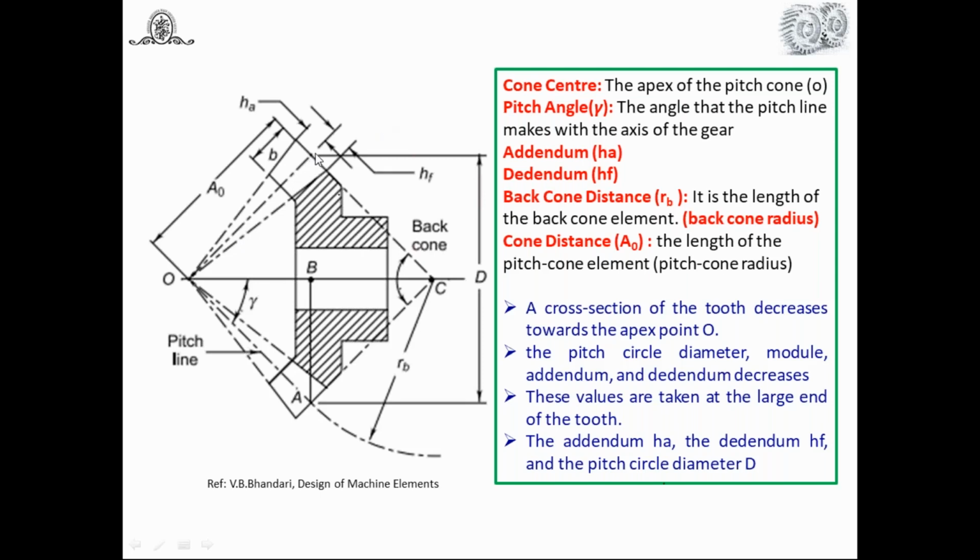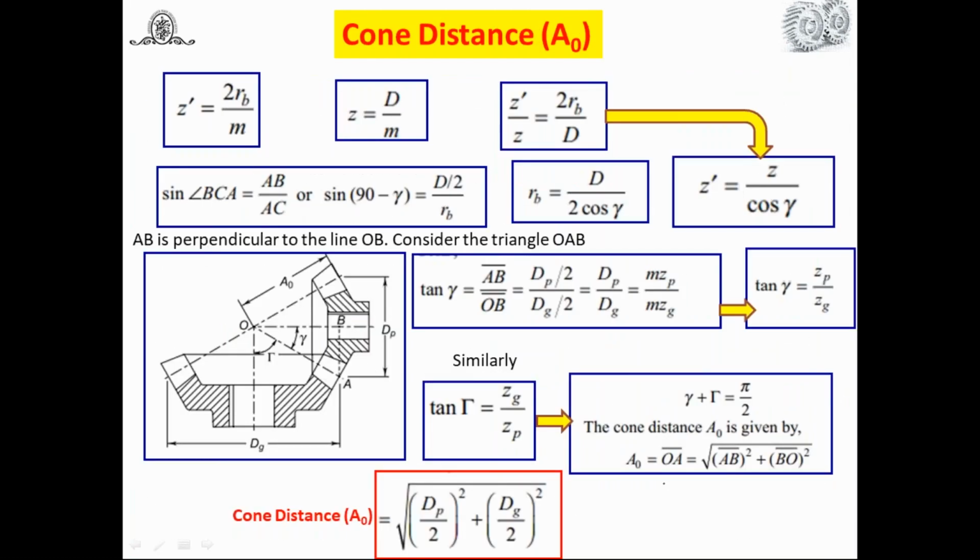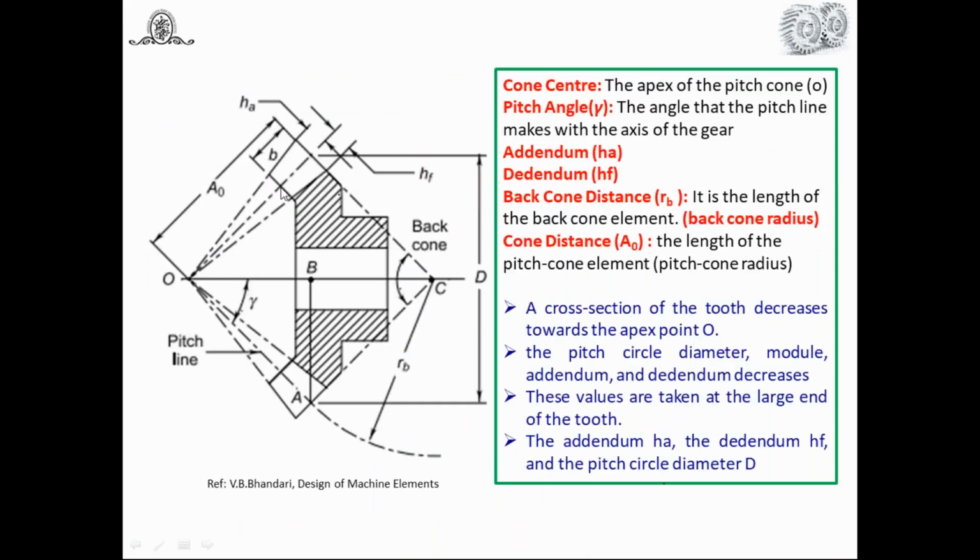If I construct the PCD, capital D, by taking the dimension at the larger end, and if I take it at the middle, this D is going to reduce, and for the inner side again it is going to reduce. That means the cross section of the tooth decreases towards the apex, and that's why it's not possible to get the correct value of addendum. Where to take the addendum, at the large end, at the small end, at the middle, or in between the middle and the large, or between the middle and the small? How to decide it?